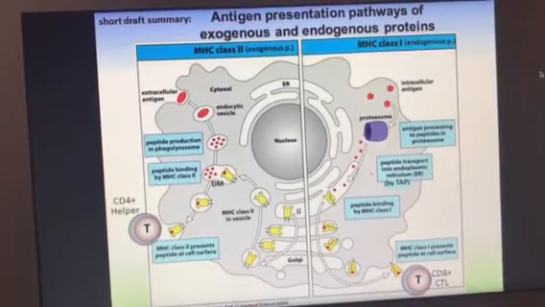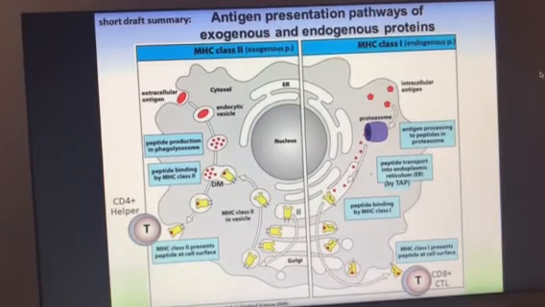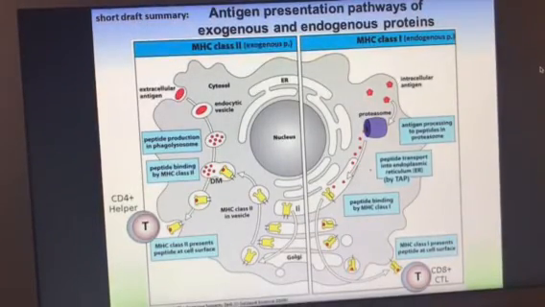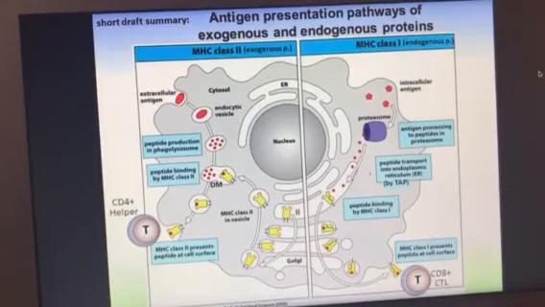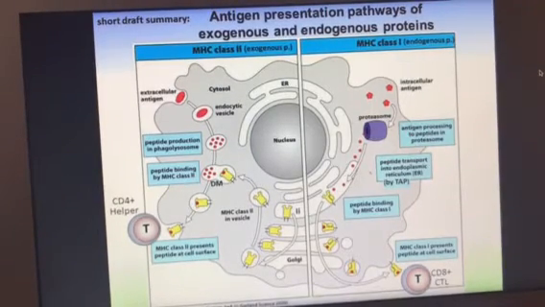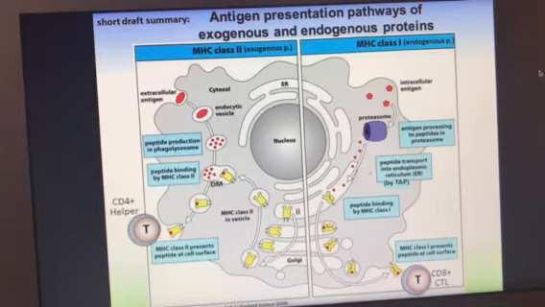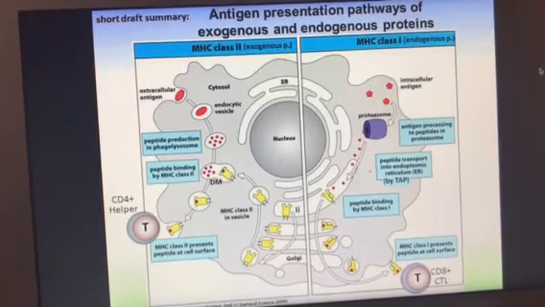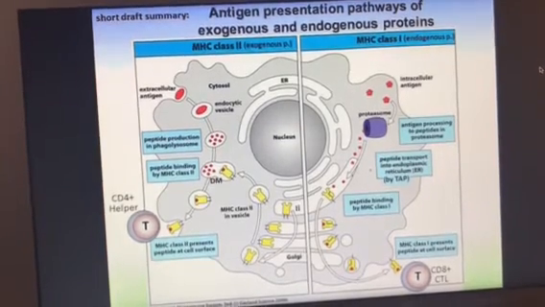So next, the TCYT cells begin to secrete compounds that cause lysis. Examples of endogenous antigens are self-antigens, tumor antigens, alloantigens, and some viral antigens. So those are a few examples of what those endogenous antigens are.